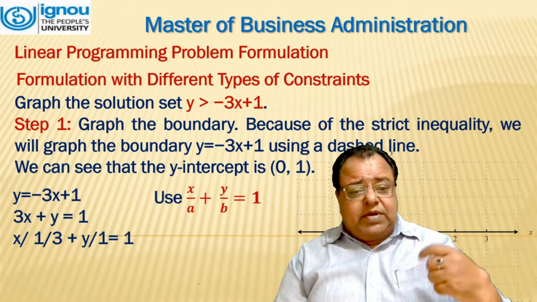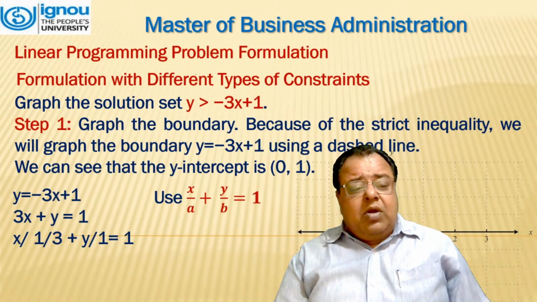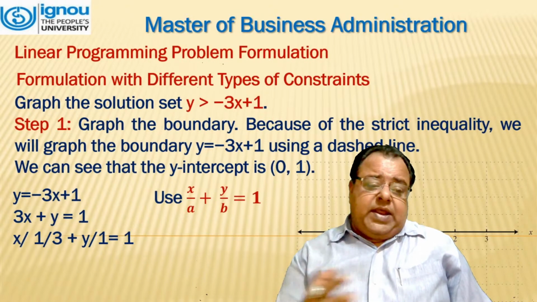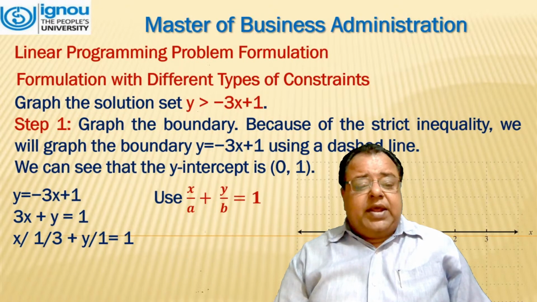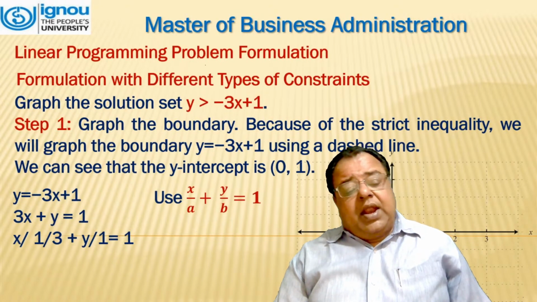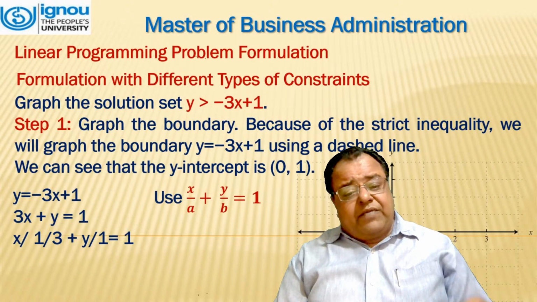So the inequation y greater than minus 3x plus 1 will now become y equal to minus 3x plus 1. We will be taking this 3x on the left side and converting it into an equation of the form 3x plus y equal to 1. Now we have to convert this into the form x by a plus y by b equal to 1.